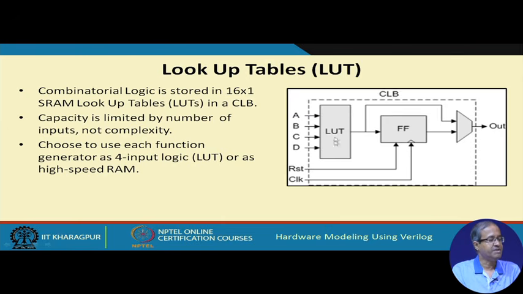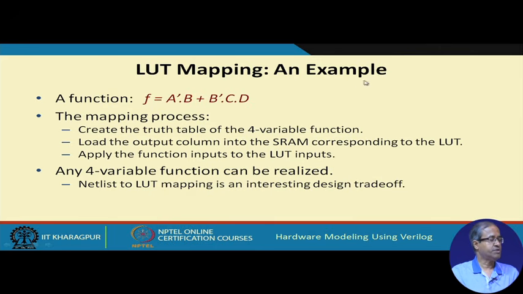The lookup table, as I had mentioned, one lookup table is shown here. I am showing one lookup table, flip flop, multiplexer. So, this lookup table can implement any function of 4 variables which gives its power, as I had said. Okay. So, just one small example.